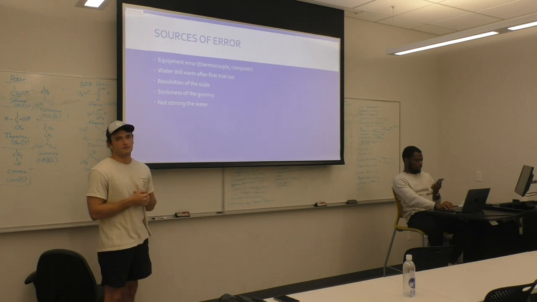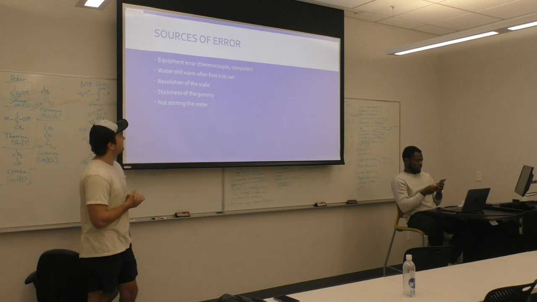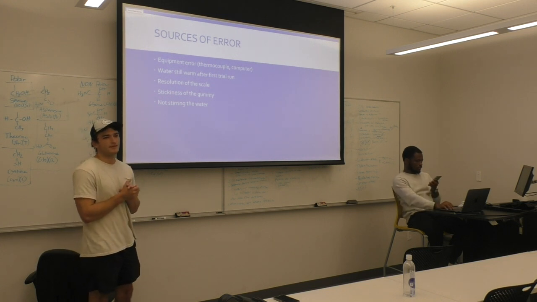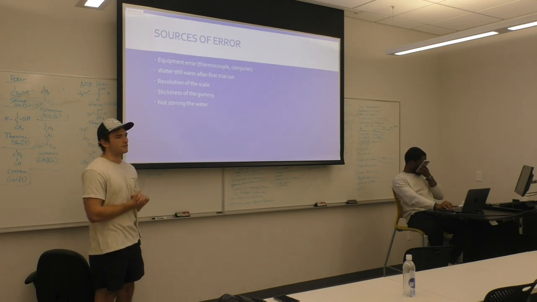Again, I think this is partly because we used a lot bigger fuel sample, so you're dividing by a bigger value, and also the water was a lot hotter when we started, so maybe the delta T would have been bigger than 3 if we had waited for some of that thermal energy to dissipate.